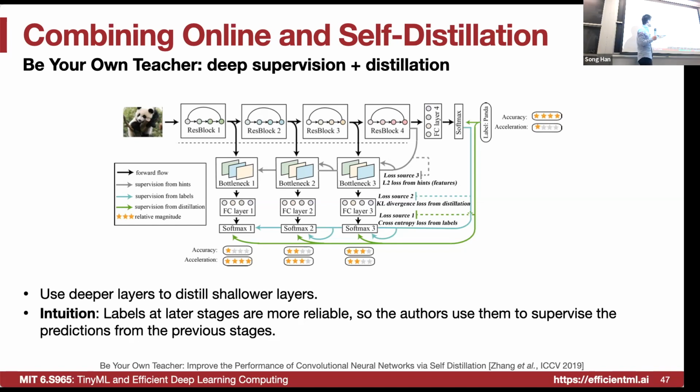Versus if we go deeper, the accuracy increases, but the acceleration decreases. So if we use those deeper layers to supervise those shallower layers, hopefully in the end the shallow layer itself can make good and reliable predictions without running the whole stage.